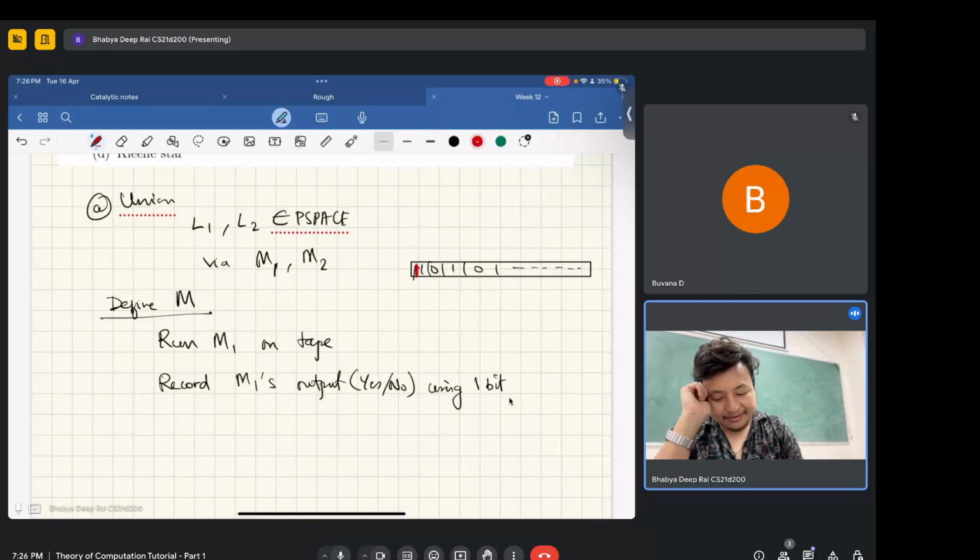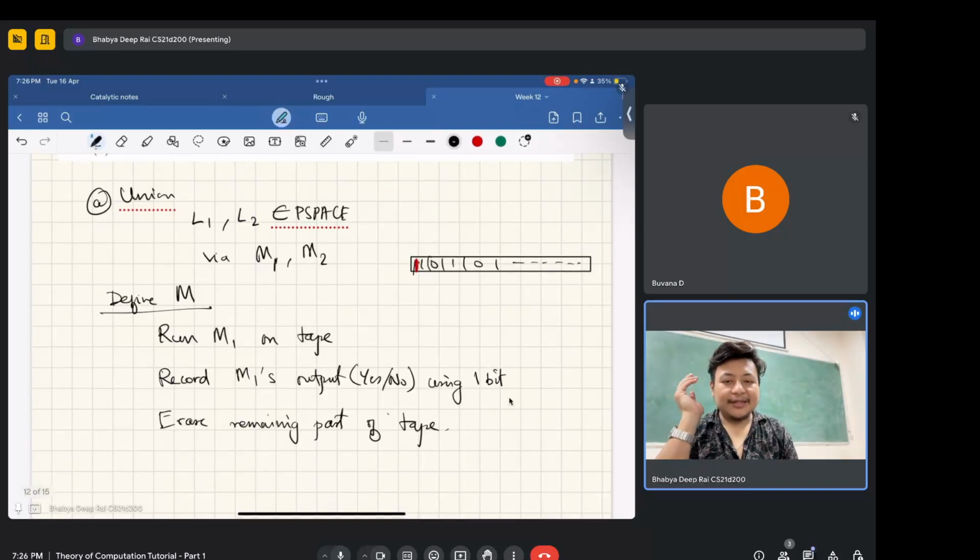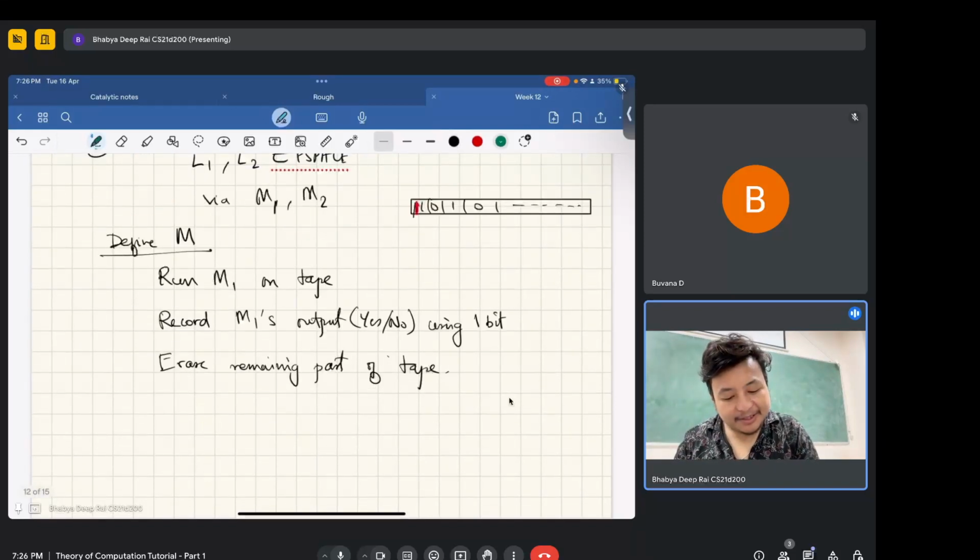Suppose it said yes, I'll keep a 1 here. Next, I simply erase the remaining part of the tape. Actually, I don't even need to erase, but I'll still erase. This part is erased, and then I run M2 on it.